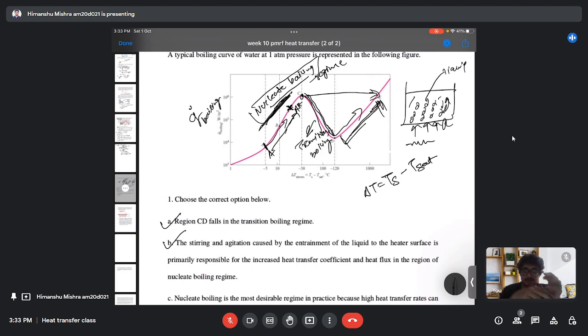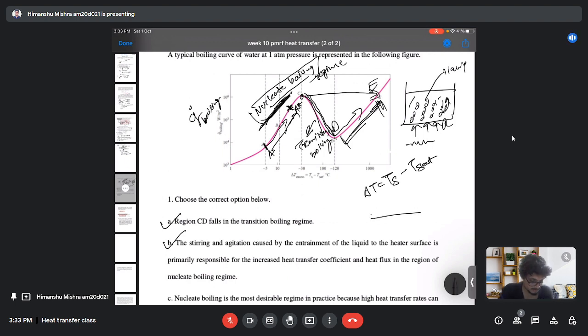When the first experiment was carried out, researchers identified the nucleate boiling region and the region D to E, and they did not actually find the transition boiling. For this we need a very sophisticated experiment, and also the heat flux is decreasing here in the transition boiling.